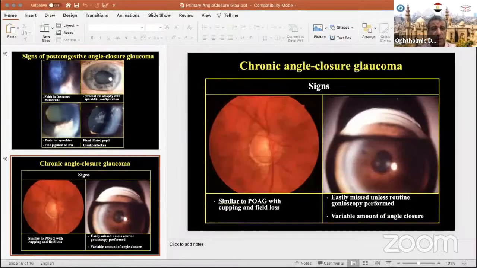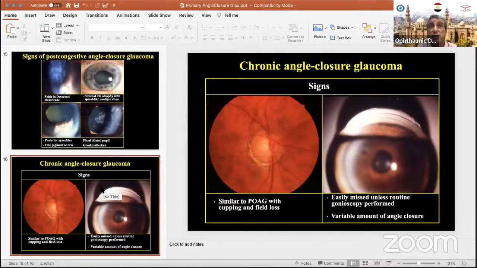These are the most important parts of angle closure glaucoma. The only part that you should know is absolute glaucoma, that is a painful blind eye following repeated or acute attacks of angle closure.